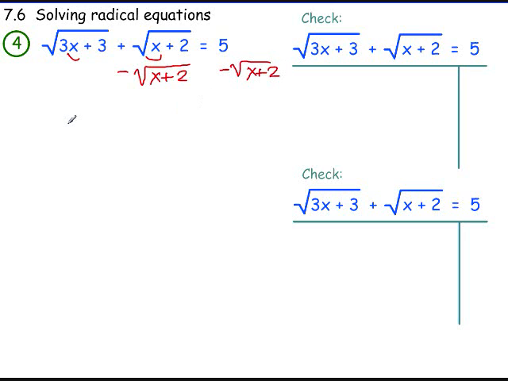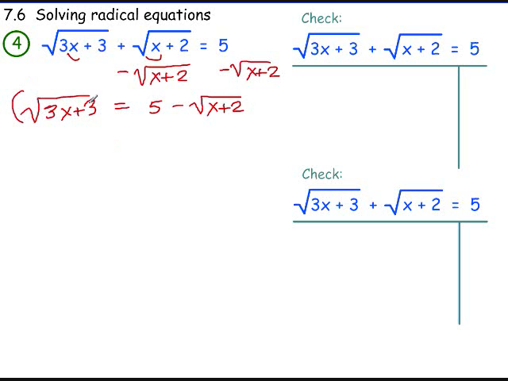I'm not sure that actually is going to make things easier, but let's do it that way. So I've got the square root of 3x plus 3 equals 5 minus the square root of x plus 2.